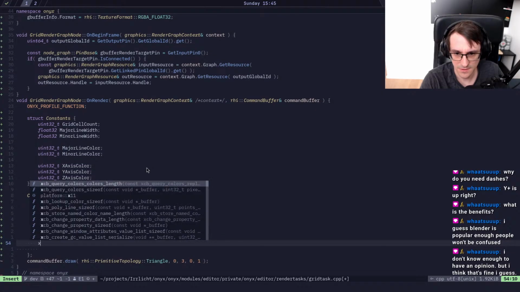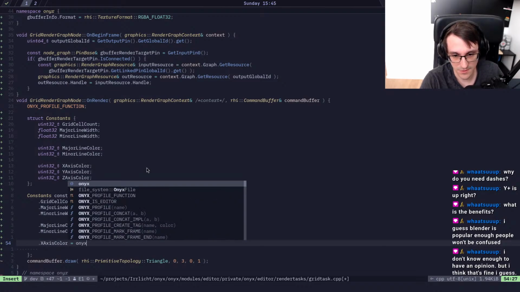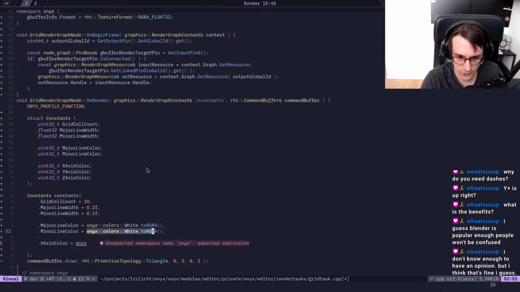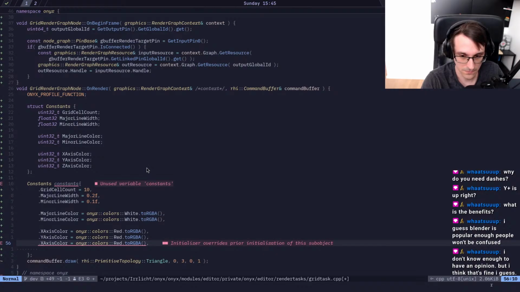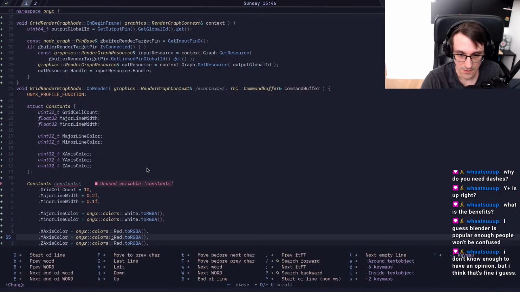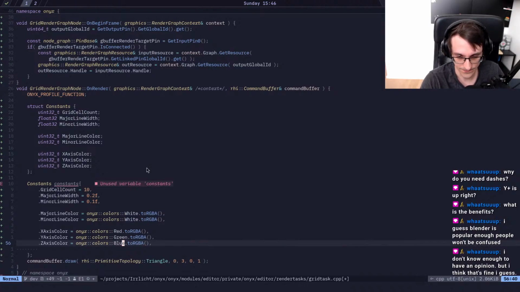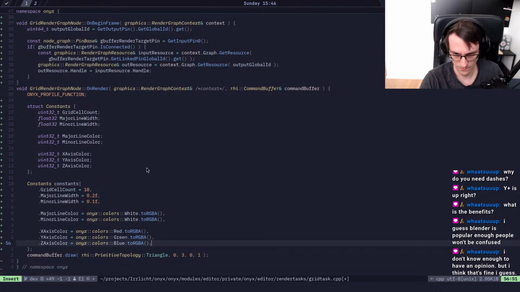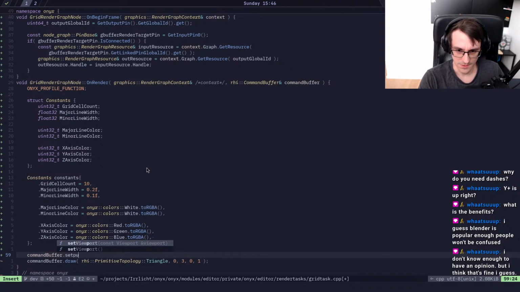Then we have x-axis color. And for now, what we will do is basically do the same thing, just I think I have colors for it, but let's do that. Green. And then set push constants.